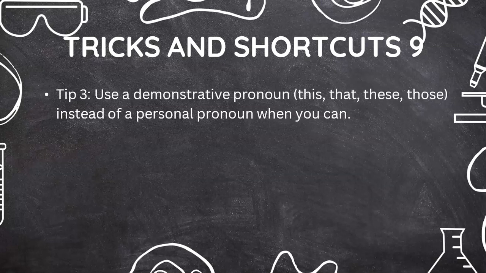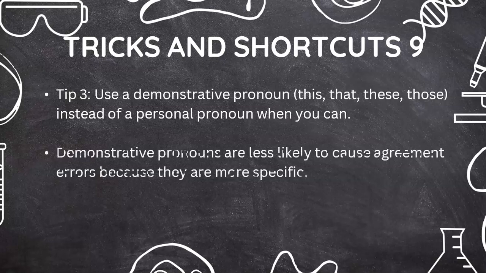Now, tip number 3. Use demonstrative pronouns, that is this, that, these, those, instead of personal pronouns whenever you can. Demonstrative pronouns are less likely to cause agreement errors because they are more specific.